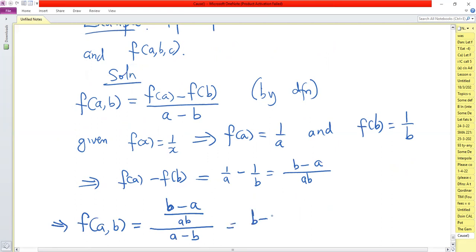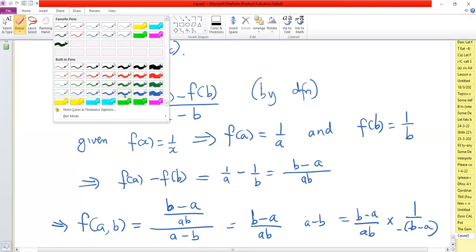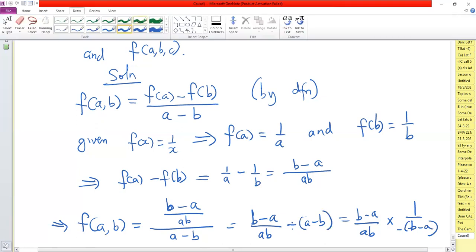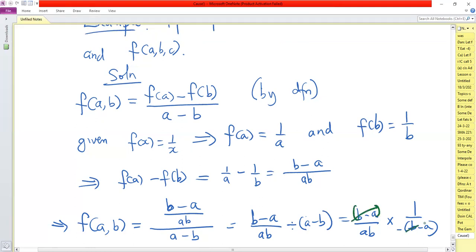which can be written as B minus A over AB, times the reciprocal of this, divided by A minus B. I can write A minus B as negative, B minus A, so that I can cancel out B minus A. By writing the denominator in that form, this part and this part cancel out.